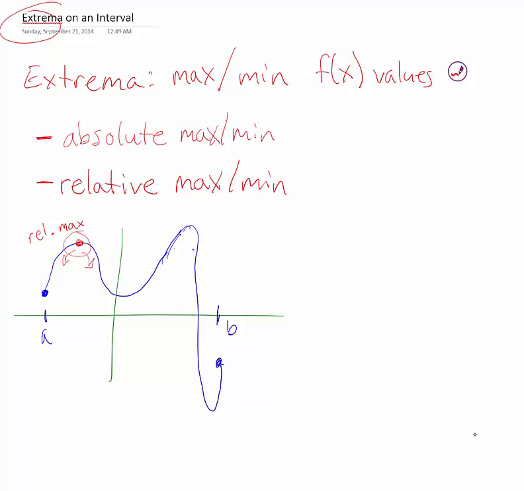Then we come down, and this point, to the left it goes up, to the right it goes up, so this would be a relative minimum. Then up here, it goes down to the right and down to the left, so this is another relative maximum, but it's also the highest point on our graph, so it's also an absolute maximum.